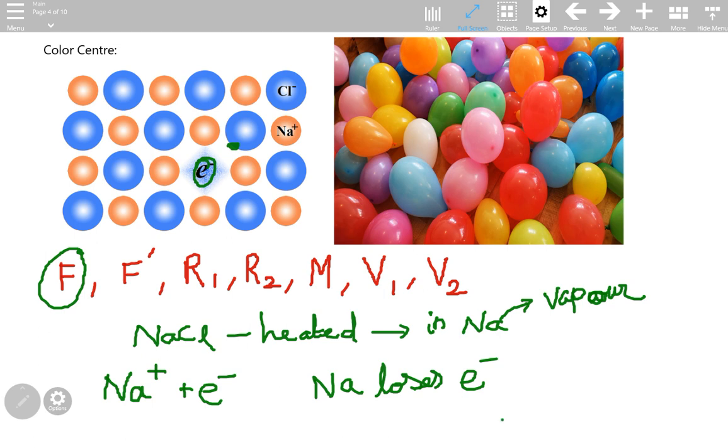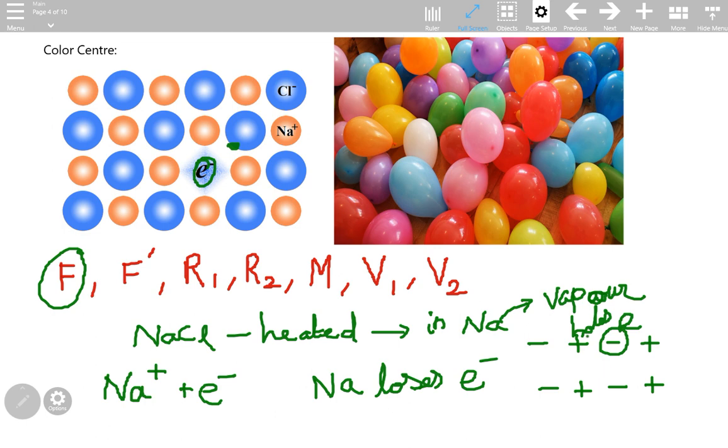You know that the lattice picture we will draw like this: plus minus, and plus minus. Like that, if you draw this minus, where the electron will take this place, and in the positive place holes or any cation, this Na plus, will take.